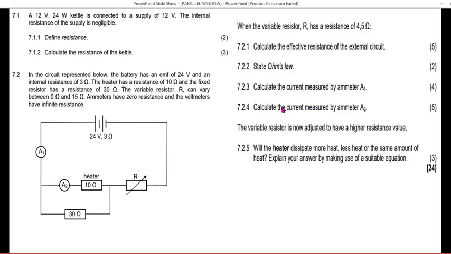7.2.4. Calculate the current measured by ammeter A2. That is the current that is going through the heater. There is more than one way that we can get this current. Remember, we know the total current here to be 1.6 amperes. These two resistors, the 10 ohm and the 30 ohm, are current dividers.